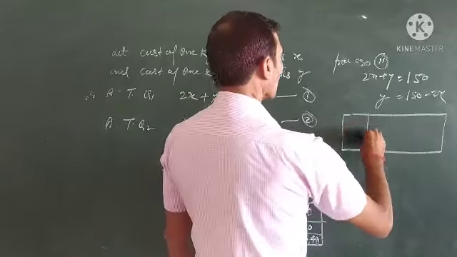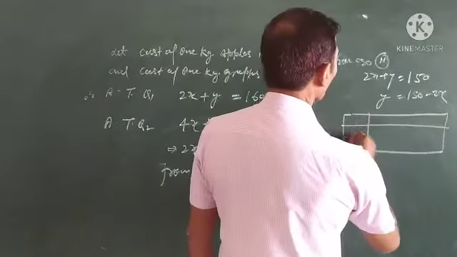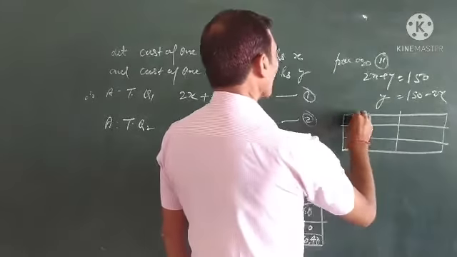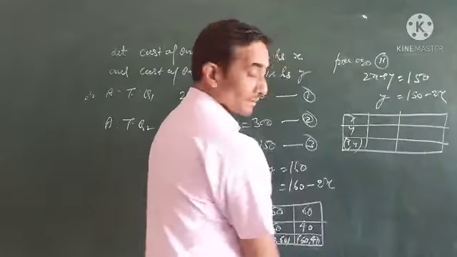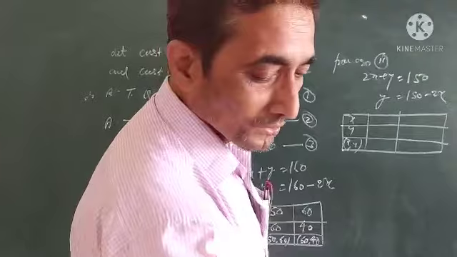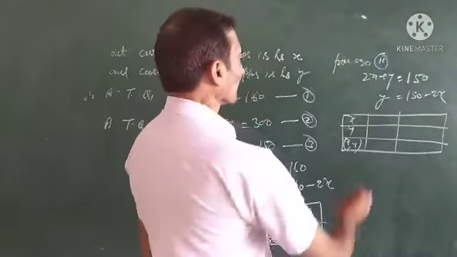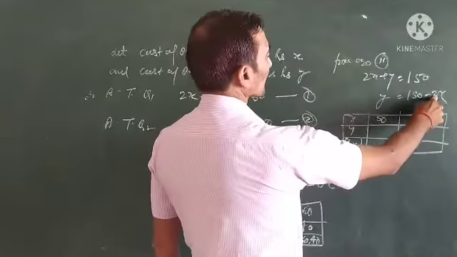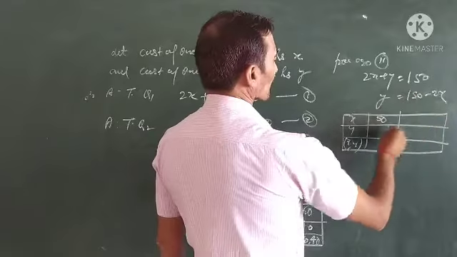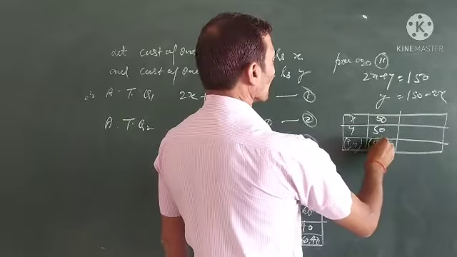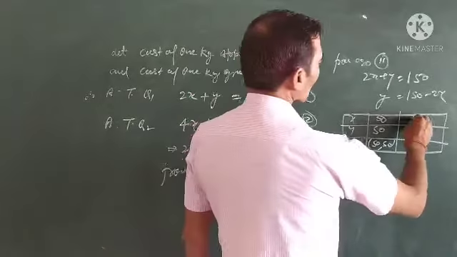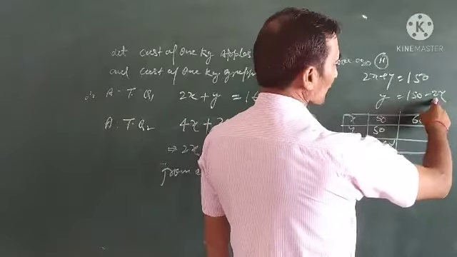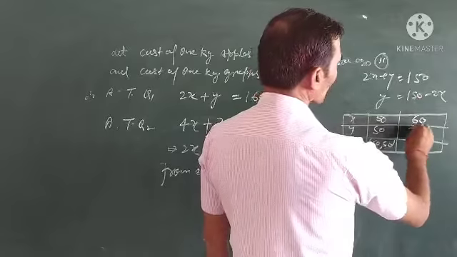Again prepare data x, y. Let x equal to 50. 50 twos are 100, 150 minus 100, that is 50. So 50 and 50. Let 60 twos are 120, 150 minus 120, 30.